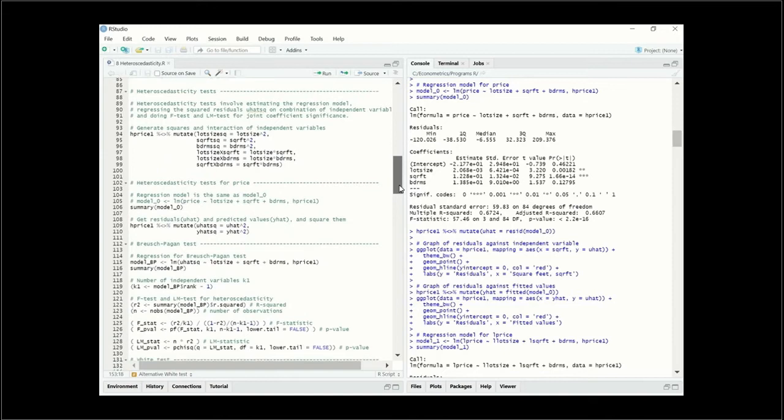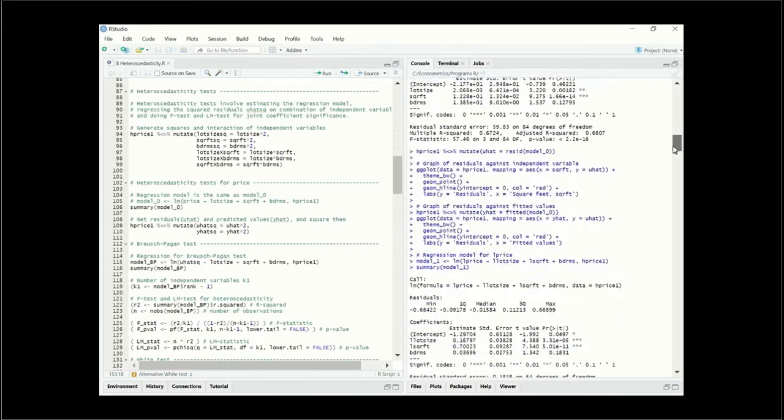The heteroscedasticity tests involve estimating the regression model, regressing the squared residuals u hat squared on a combination of independent variables, and then doing an F-test or LM Lagrange multiplier test for joint coefficient significance. This is what we're going to be doing next.